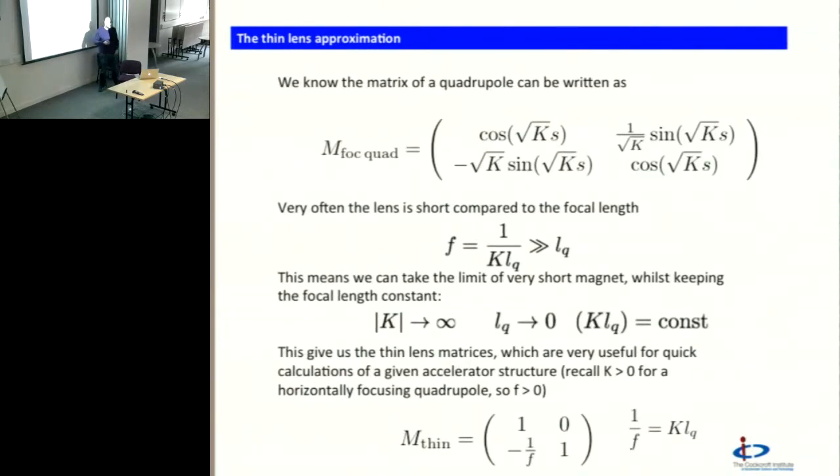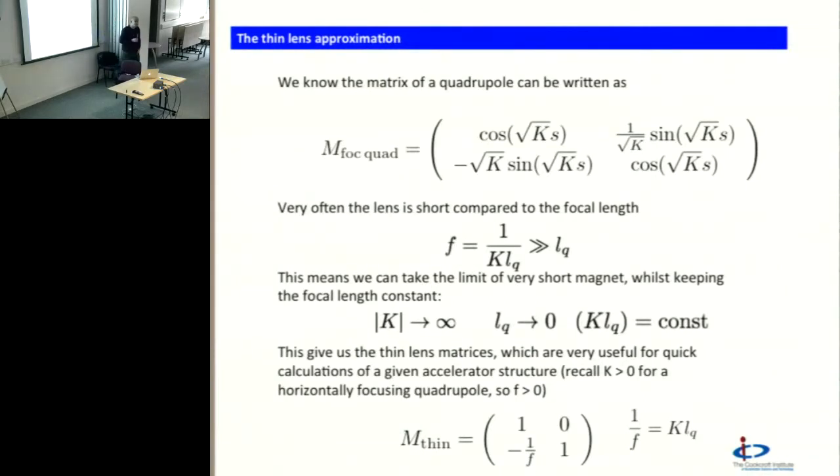1 over this is often bigger than the length. So the length of the magnet is small compared to the effect it has on the beam. So what we very often do in these kinds of calculations is take the limit of a very, very short magnet while keeping the focal length constant. And this makes this matrix dead simple to remember. If you take this limit, it's like 4 lines of algebra on a piece of paper.